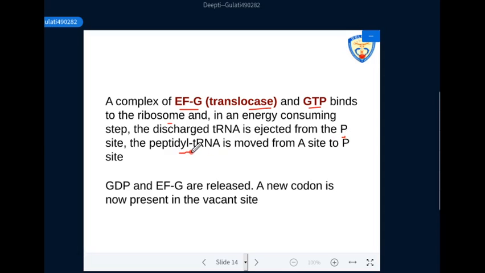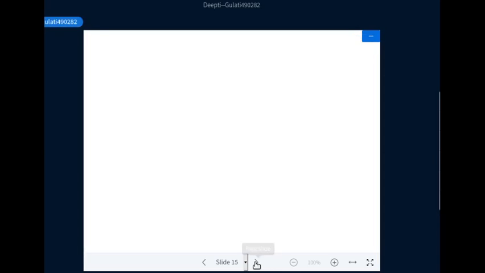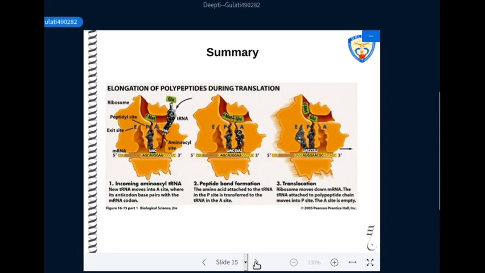The peptidyl tRNA, that is, which is present on the A site, moves to the P site. GDP and the elongation factor G will be released, and a new codon is now in the A site, which is again ready to accept the next transfer RNA, which is brought by the elongation factors. So this cycle will continue till any one of the stop codons reaches the A site.